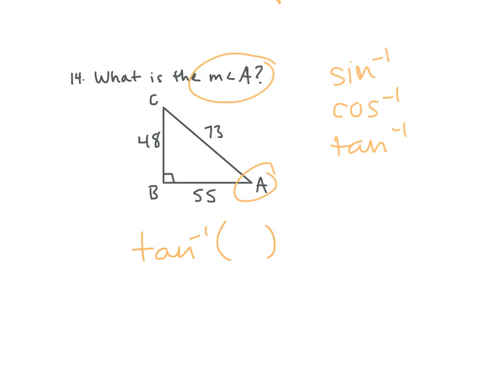Opposite over adjacent. So what's opposite? 48. And what's adjacent? 55. So in your calculator, if you do 48 over 55, and then take the inverse tangent of that, we get 41.1, 41 degrees. I just rounded it. So I did tan -1 of the opposite over adjacent.